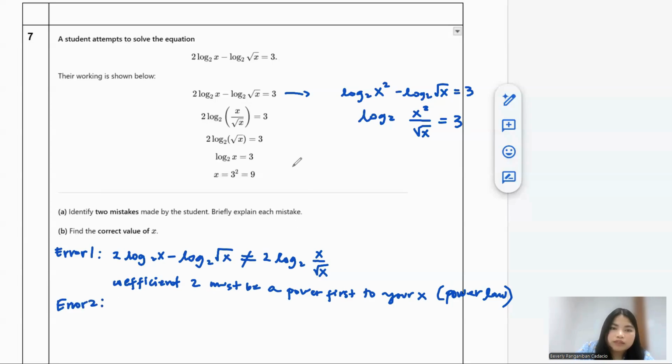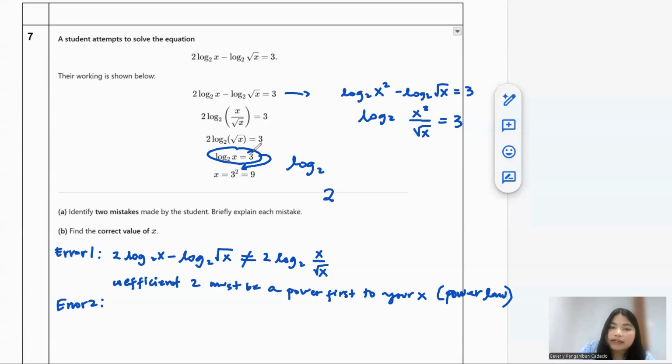Take a look there. What do you think happened? So assuming that he or she is correct there, we're going to consider this one. It's wrong that from here it becomes this, because you know that the log to whatever number, that small number, it will be the base.